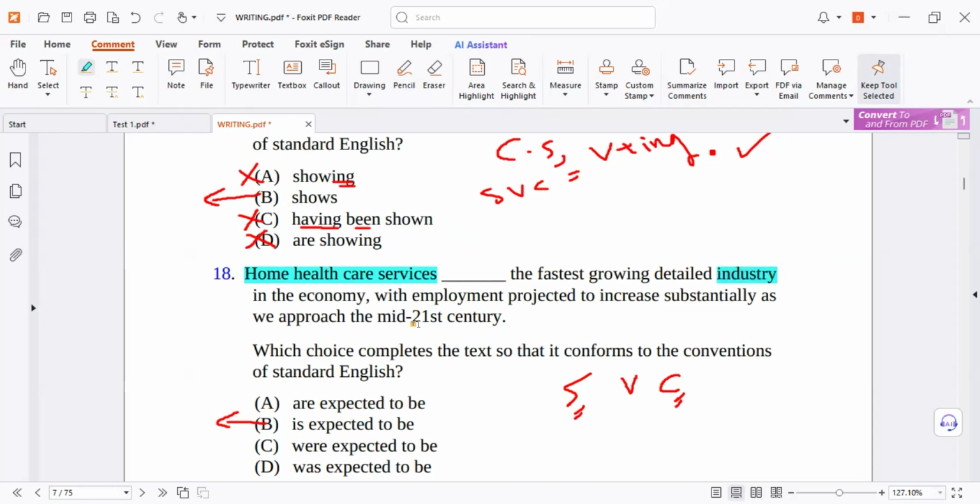Of course, I will delete the phrases, but I will find the information. So we describe the home health care services as an industry. So it's singular. So the writer wants to describe it as singular. So follow the complement. So it must be singular. But the problem is, we have another singular.